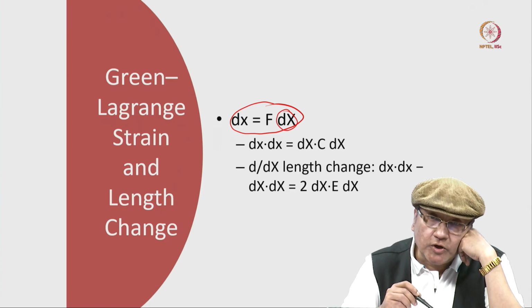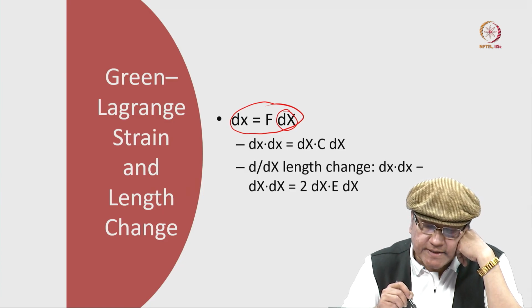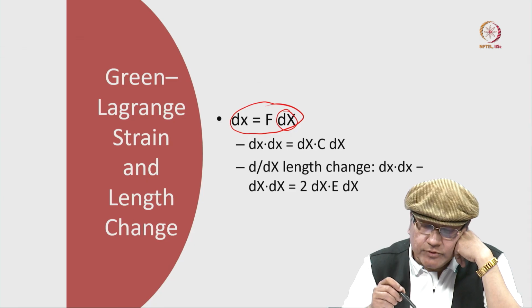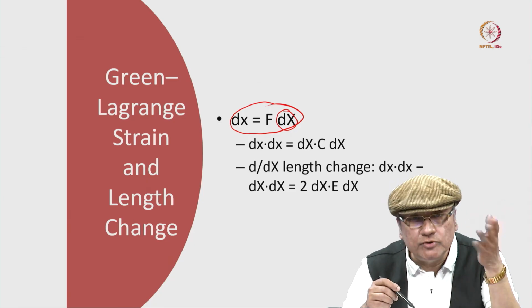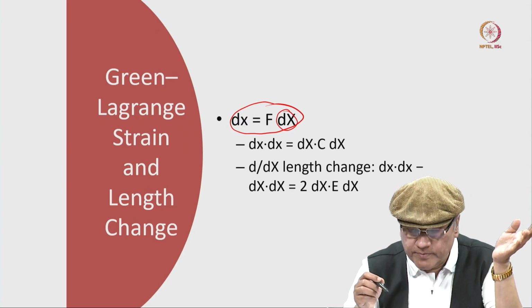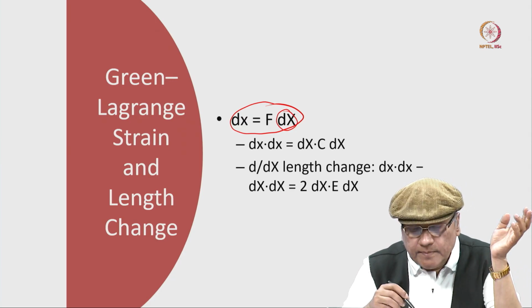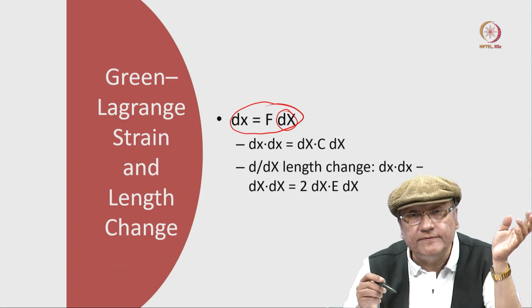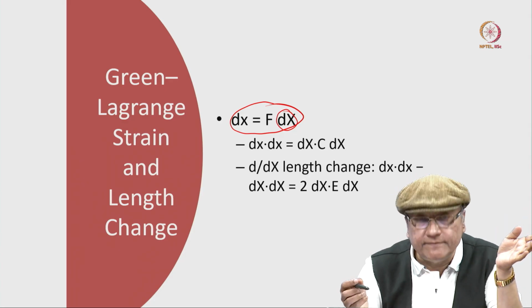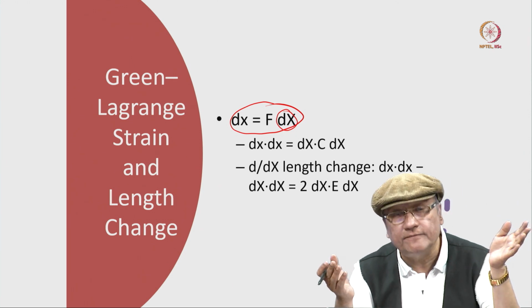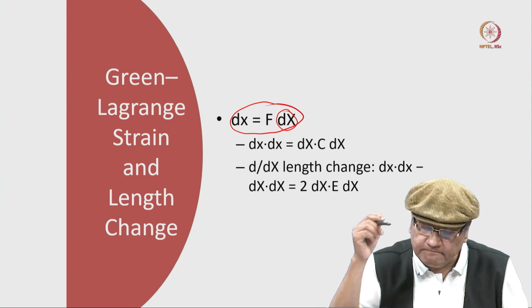Now, you take the dot product of d small x with itself, and on the right hand side the dot product of F d capital X with itself, and do a little algebraic manipulation, very small, because F d capital X dot F d capital X will simply be d capital X dot F transpose F d capital X, right. That is by the definition of transposition of a matrix.